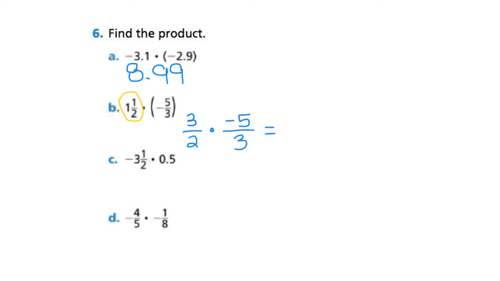Now, I'm going to take a minute and cross-cancel in my problem. That means I'm going to compare the opposite numerator and denominator for common factors. 2 and negative 5 do not have a common factor. Go the other way, 3 and 3, well, they obviously have a common factor because they're both 3's. So I'm going to divide both by 3. 3 divided by 3 is 1. 3 divided by 3 is 1. Now I'm going to use these numbers to solve my problem.